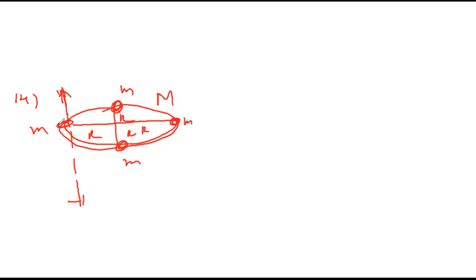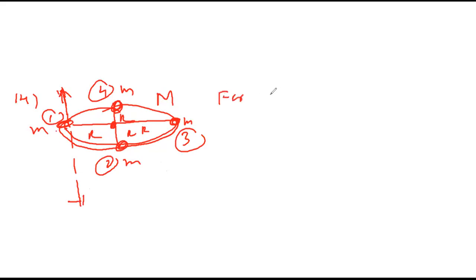We want the moment of inertia about this axis passing through the mass and perpendicular to the ring. So consider this as the first mass, second mass, third mass, fourth mass. The disk's mass is here at the center.